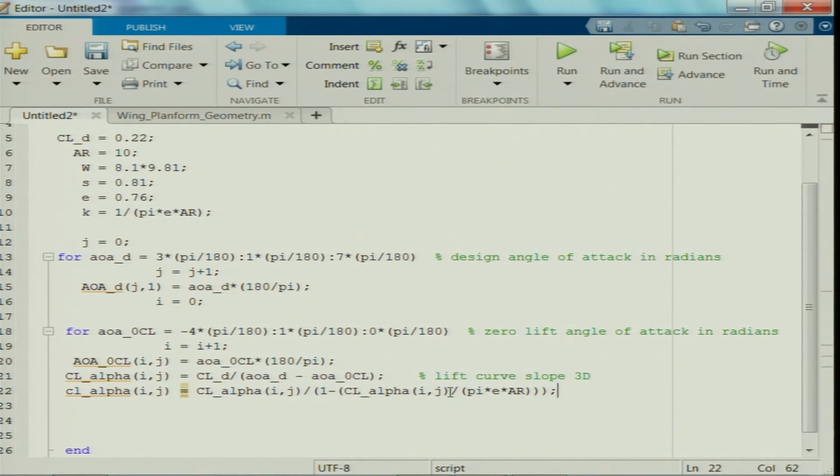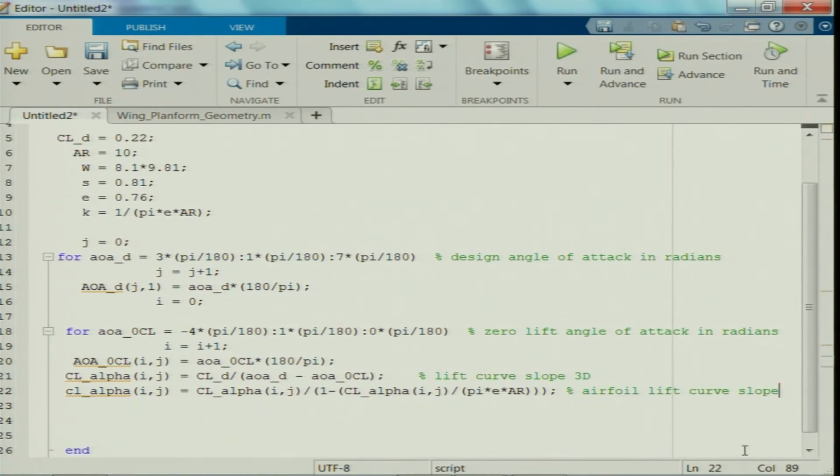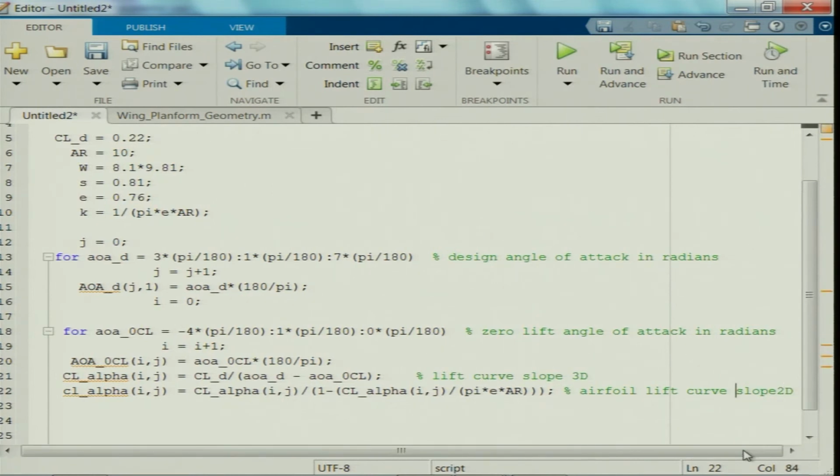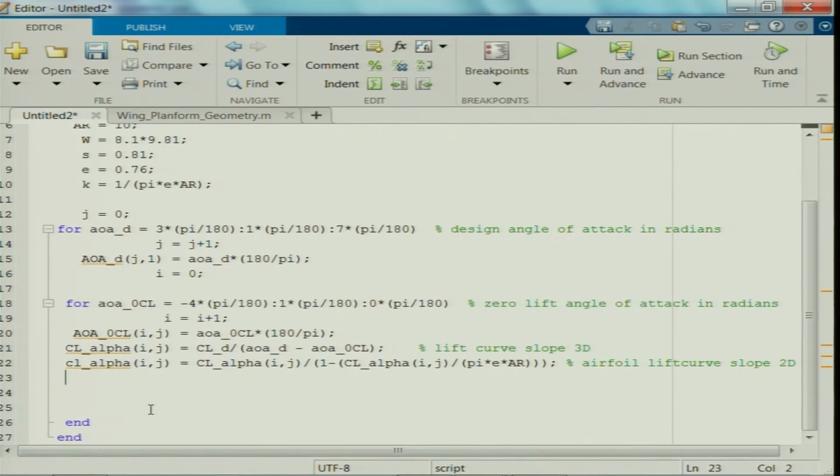Okay. So, the airfoil lift curve slope, which is 2D, right, and then we need to know what should be capital CL naught.